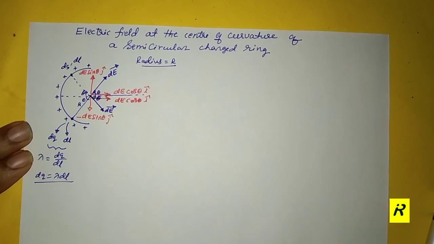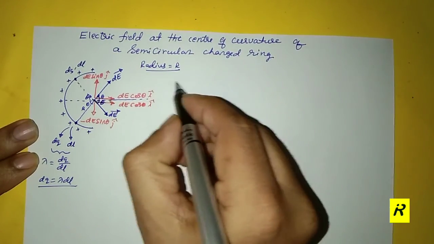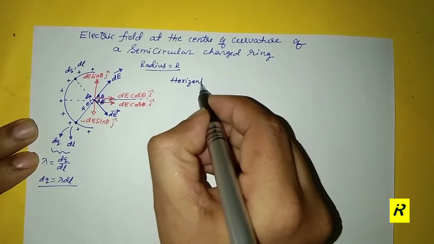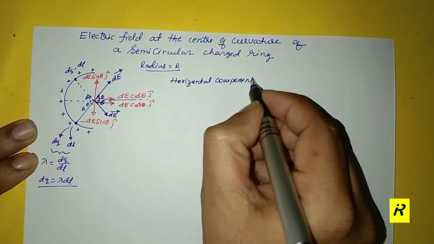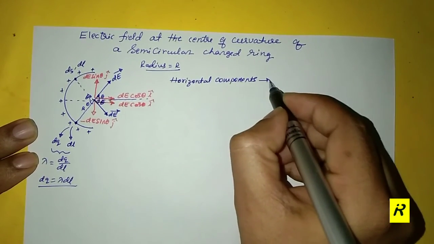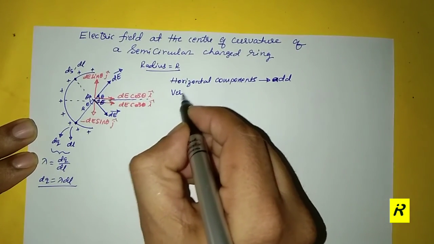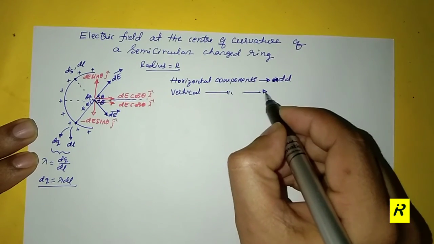So from this notation, what we can think is horizontal components simply add, whereas vertical components get subtracted.